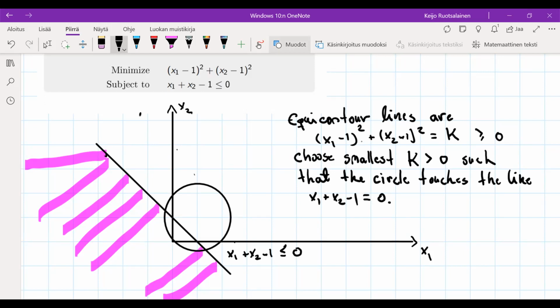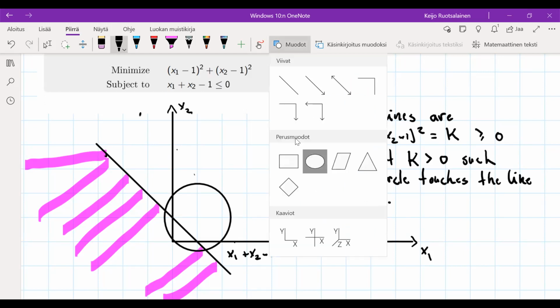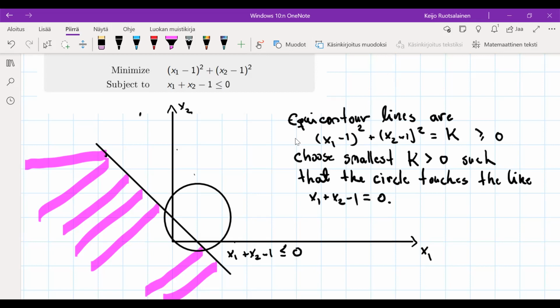So we take a circle like this, and we increase it a little bit like this. And there we have the smallest circle that still touches the constraint set.